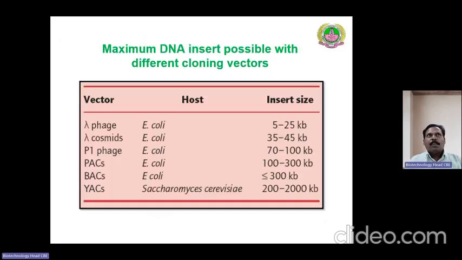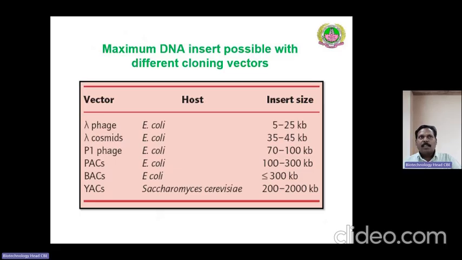As a summary, we will be discussing the maximum insert DNA capacity of different cloning vector systems, which you can see. The lambda phage has about 25 kilobase pair insert cloning capacity, whereas the cosmids, which are derived from the cos site of a phage and integrate the components of a bacterial plasmid, have 35 to 45 kilobase pair insert capacity.